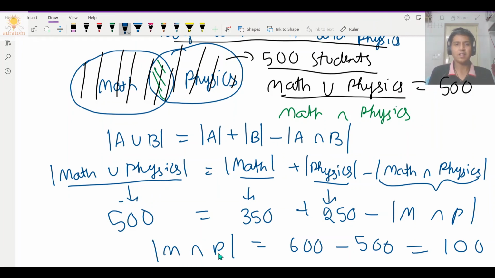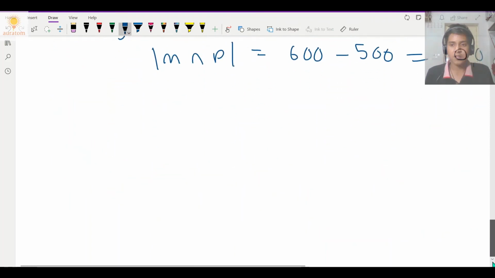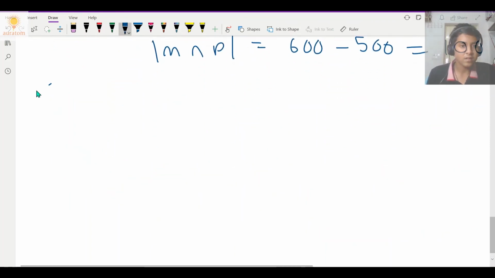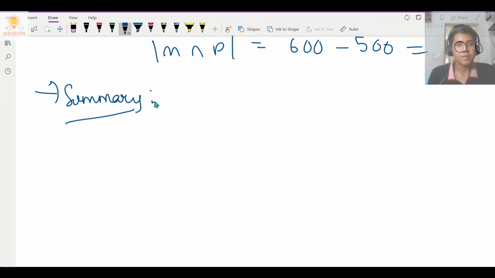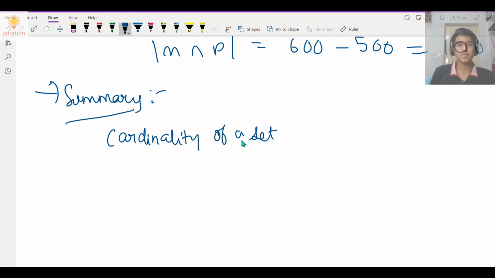Now that is the end of the inclusion exclusion principle. Now let's summarize what we have learned today. The main thing that we have learned today is the inclusion exclusion principle, right? But before that, we also learned the cardinality of a set, which is a really simple concept.